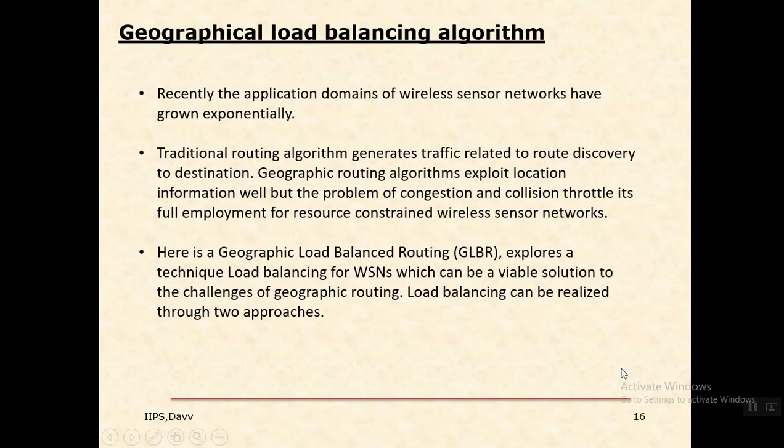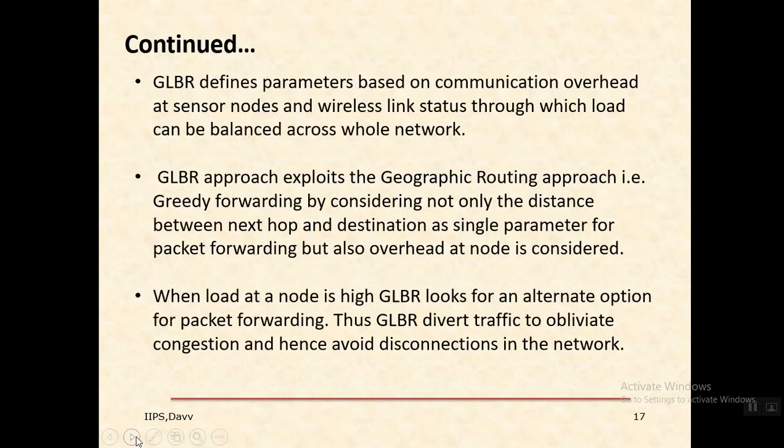Geographical load balancing algorithm. According to the geography we are balancing here. But here we encounter a problem of congestion and collision. So we apply geographical load balanced routing, which is a viable solution to the challenges of geographic routing. Here we have two approaches.